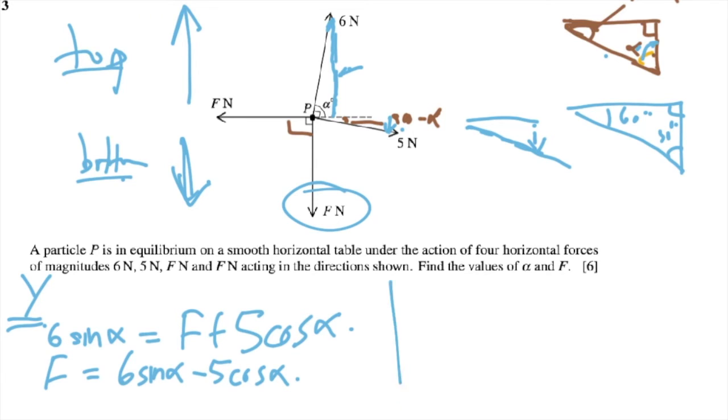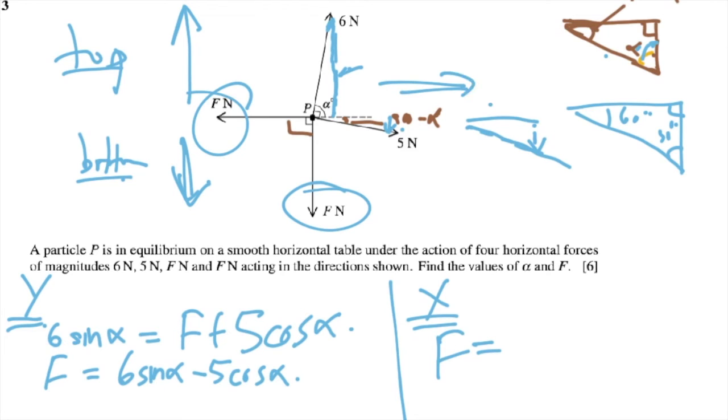So if I bring that over, you should get F equals 6 sine alpha minus 5 cos alpha. Likewise for x, which is parallel to the x-axis. Resolving that force, you get F on the left, equal to what's on the right.